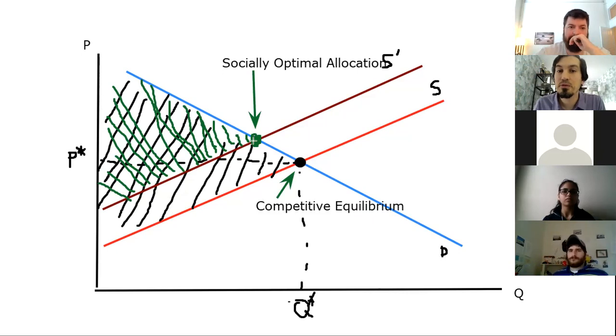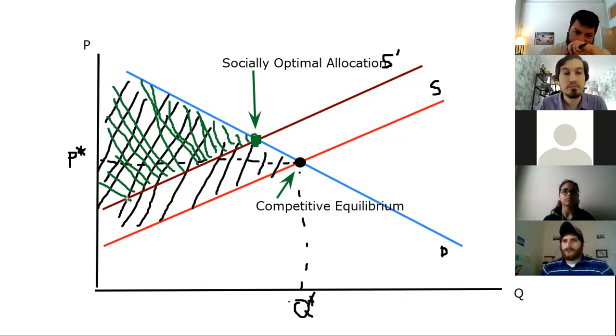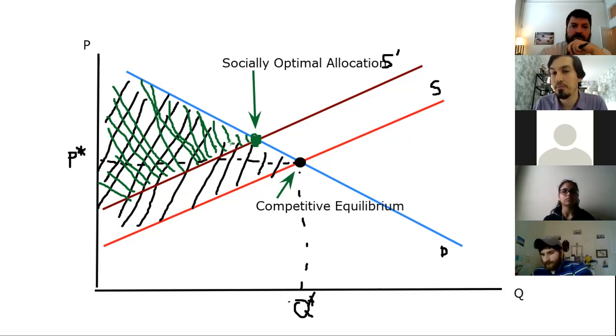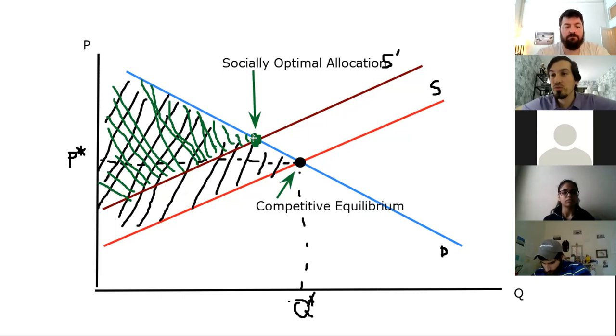However, if you make firms pay per unit, Q is this axis, basically the more they produce, the more tax they pay, then their incentives will shift to align with S prime, and in theory you should get this green socially optimal point. That is one way of, the word is, internalizing the externality.